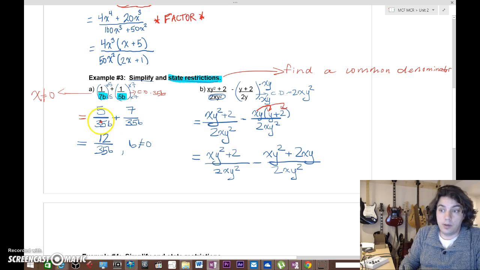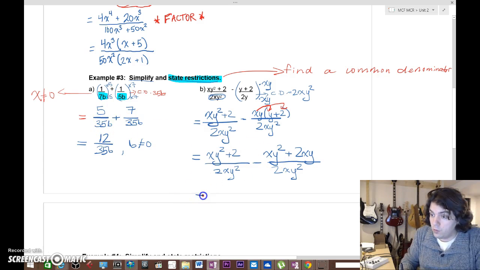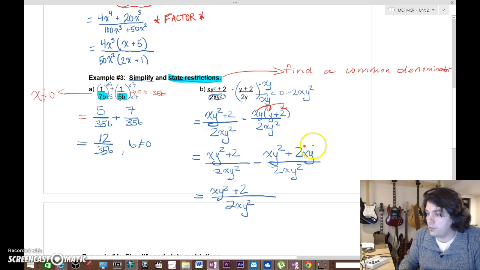And so now, just like we did here, we can combine them into one term and actually collect our like terms. So we have xy squared plus 2 minus, and remember, this minus sign is going to apply to all of this stuff, so we're going to subtract xy squared.